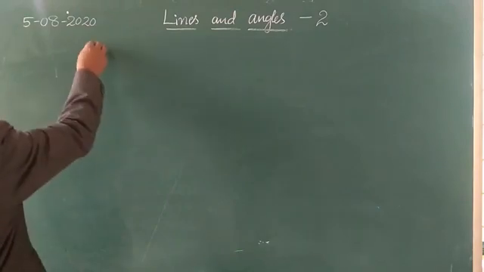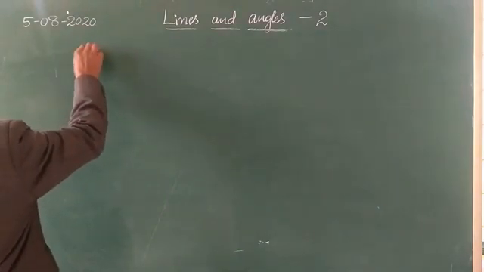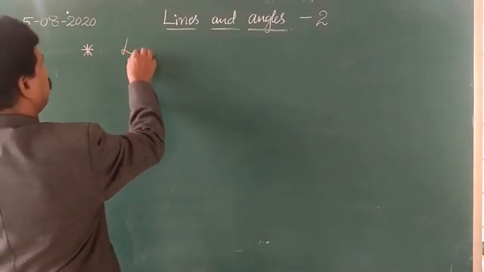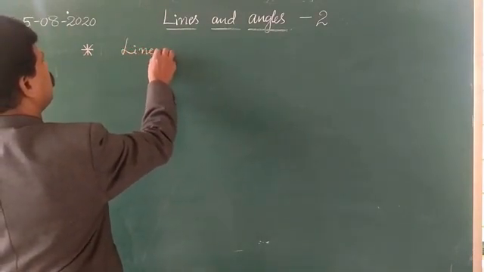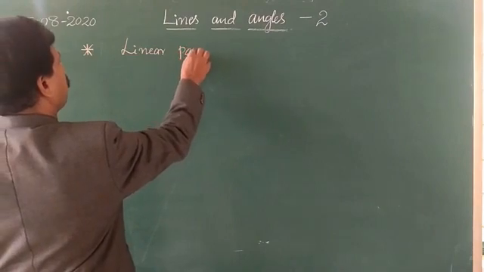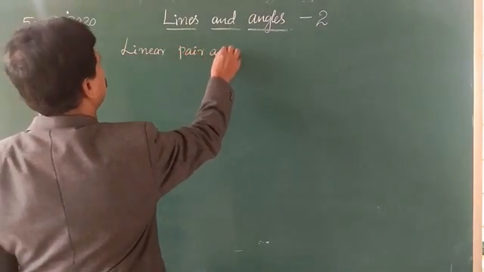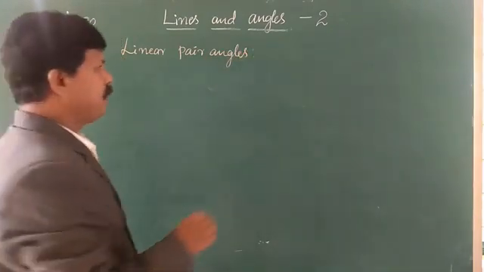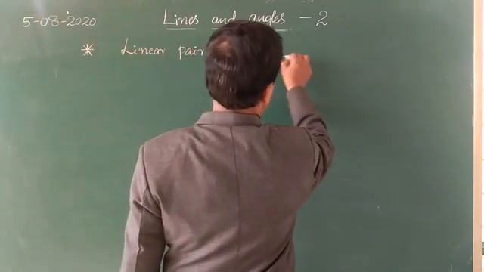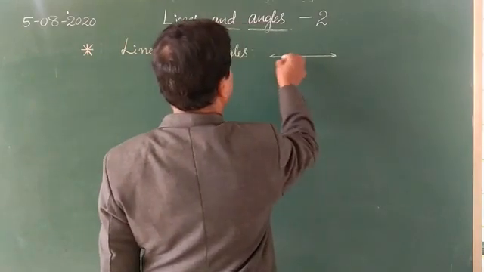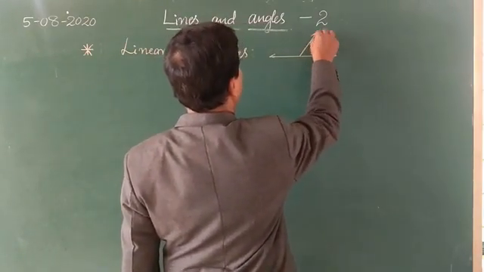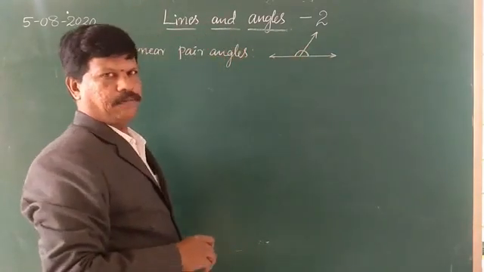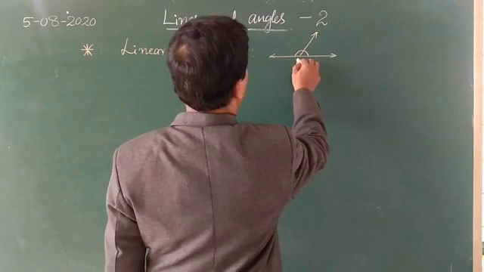The first one is linear pair angles. Linear pair angles means where there is a straight line and there is a ray, then the sum of these two is always 180 degrees. That is called a linear pair.